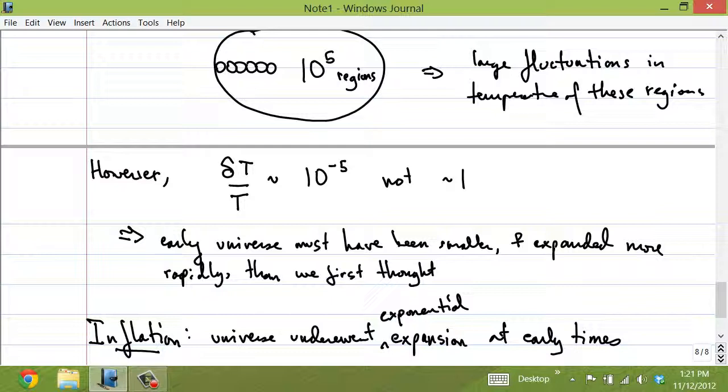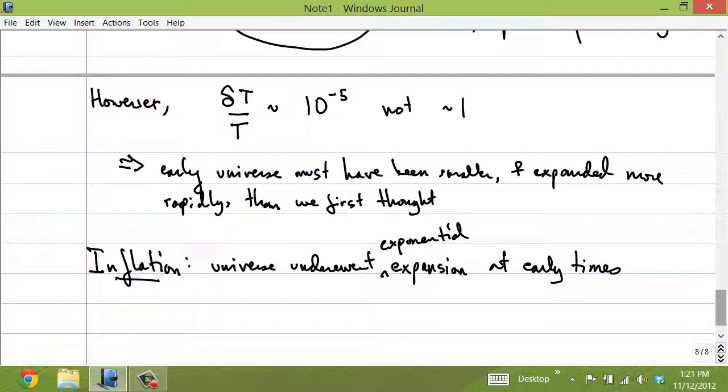Okay, good. So the question is, how could it do that? We saw that an exponential expansion in the usual FRW equations is something that happens at very late times, okay, when everything else has redshifted away, all of the matter has diluted. So how is it possible to have an exponential expansion at early times?